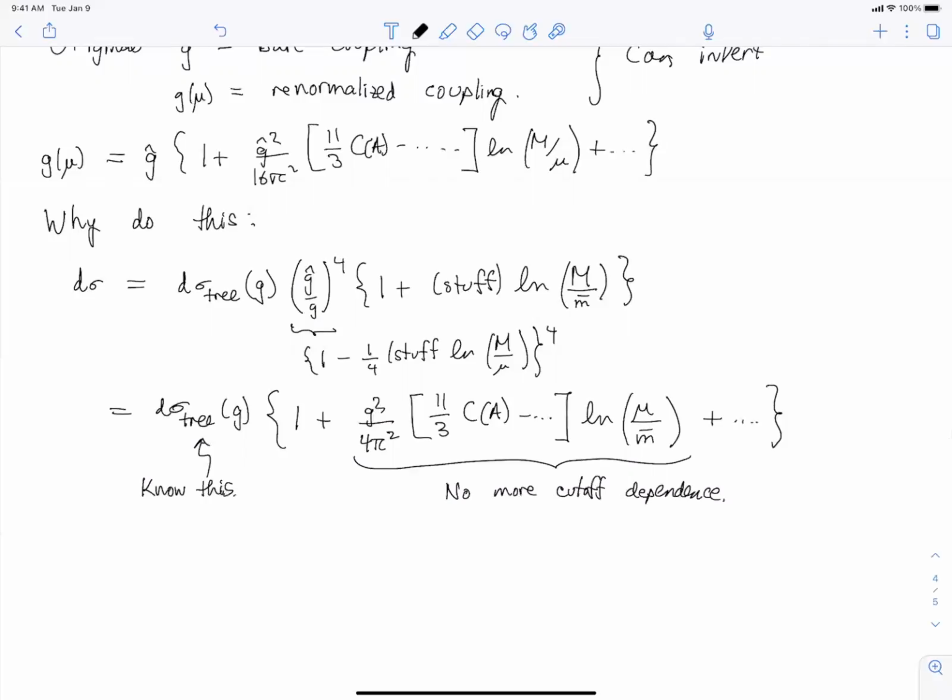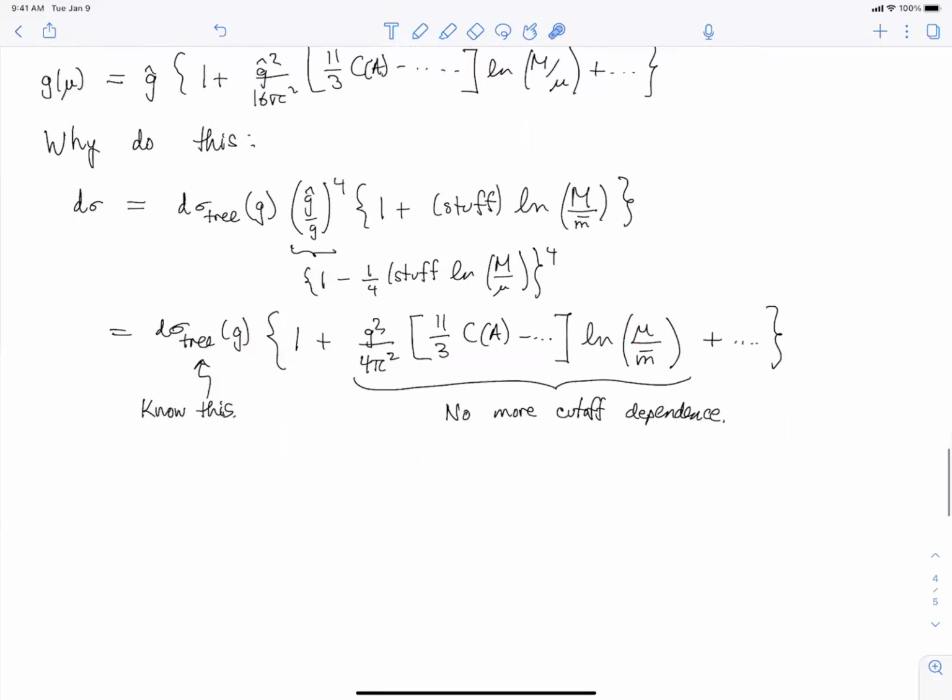We get to choose mu to be whatever we want. So we certainly know that. So it's sort of magical that we've gotten rid of the thing that we don't know, the cutoff scale, in favor of a scale that we do know because we get to pick it, and a scale that we get to calculate. Okay. The only drawback to this is we don't know what G is, but then you can do one experiment that measures G, and then once you know G, then you can use every calculation for every other experiment that you can do to verify whether that was in fact the correct G. One experiment is good enough to get you G.